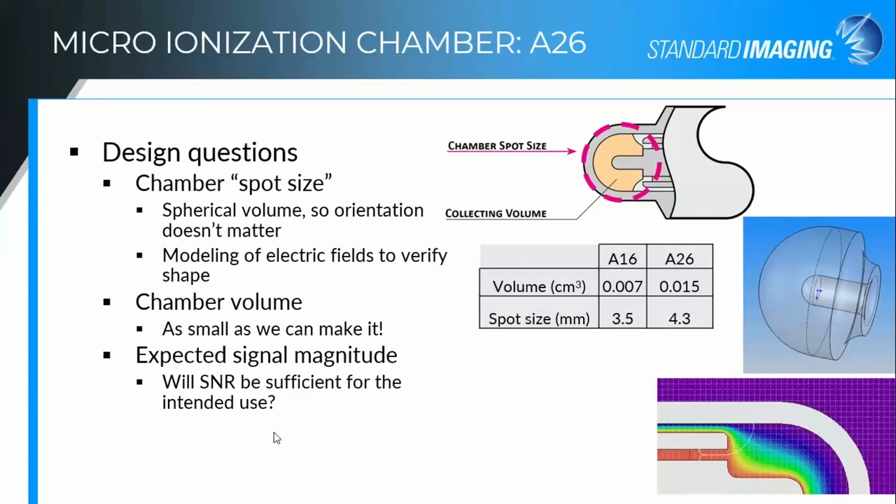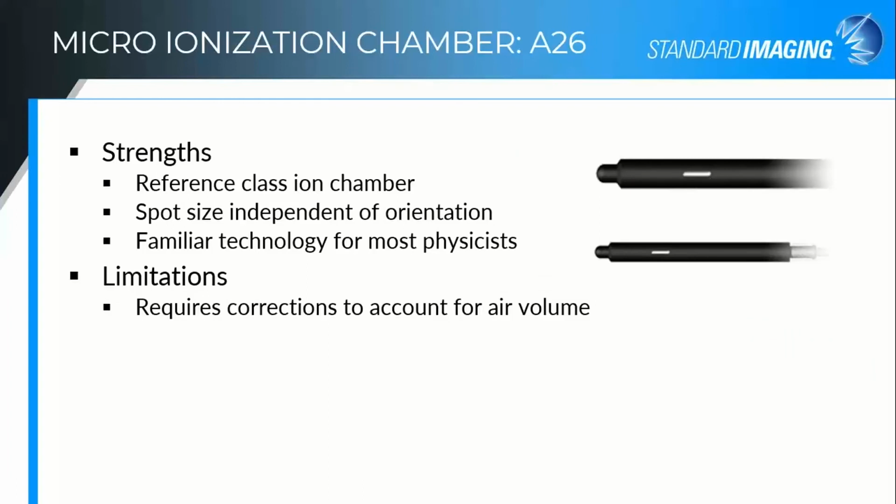The other thing we had to consider is whether the signal to noise ratio would be sufficient for the intended use. And yes, as long as you're using a good quality electrometer, those smaller signals are sufficient. So strengths of the A26 is that it is a reference class ionization chamber. Its spot size is independent of its orientation, so you don't get differences in volume averaging for different orientations of the detector.